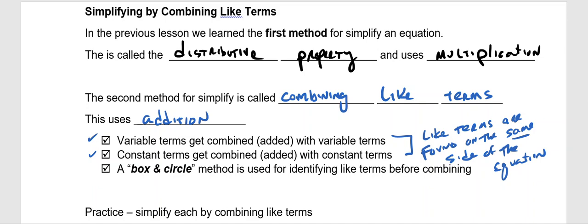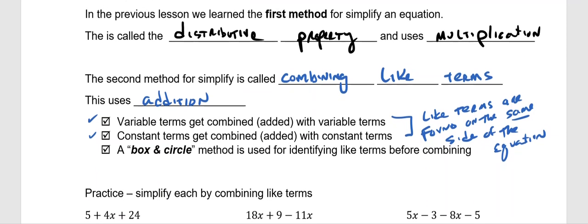If we think about the equal sign as a dividing line, and anything on one side of the equal sign is alike, either because they're both variable terms or because they're constant terms, then we can add those together and begin to make the equation look a little bit simpler before we move on to solve.